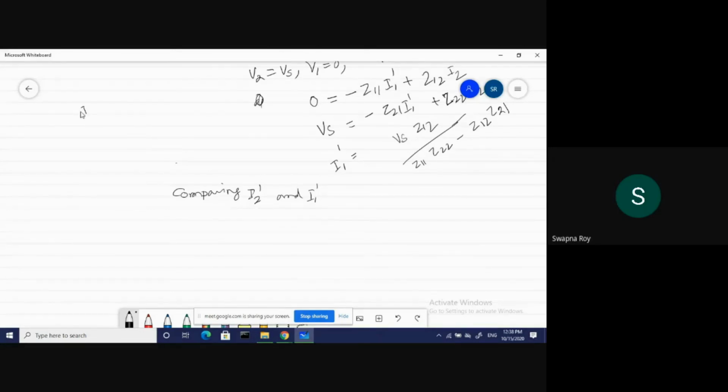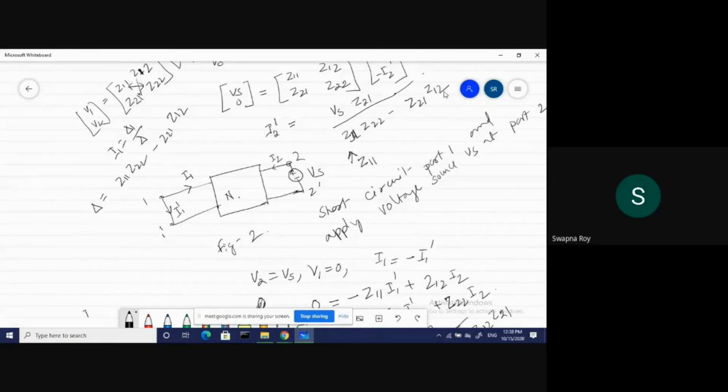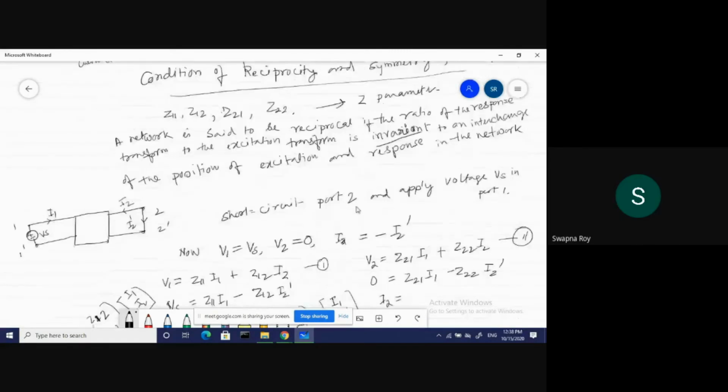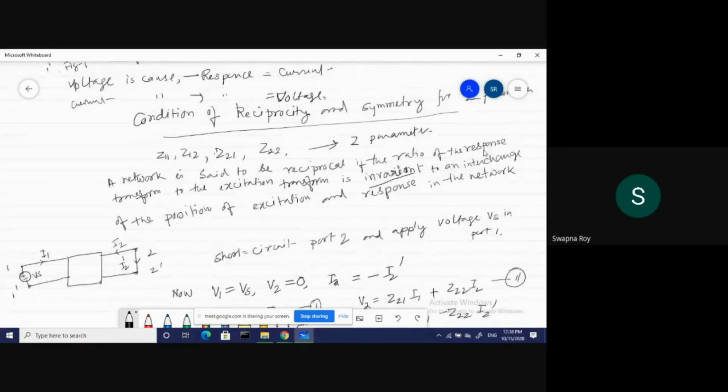What was the theorem? I have written it: the ratio of the response transform to the excitation transform. The response is I2 dash.